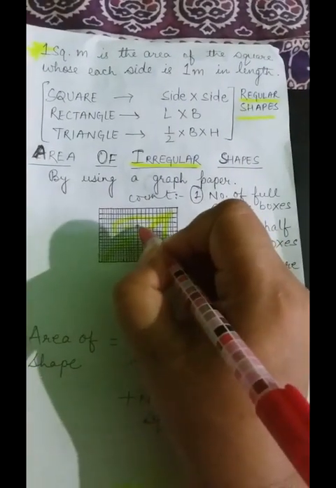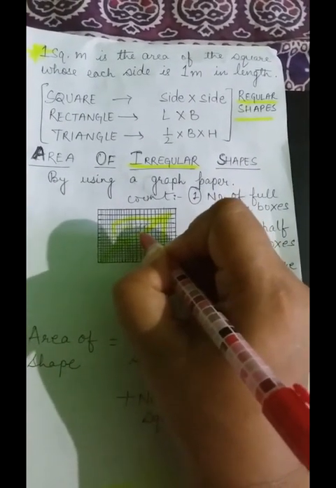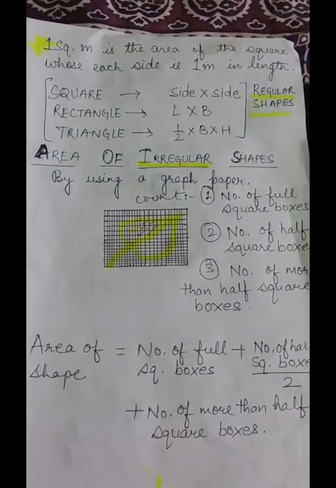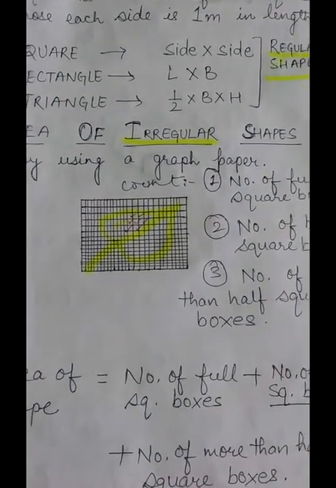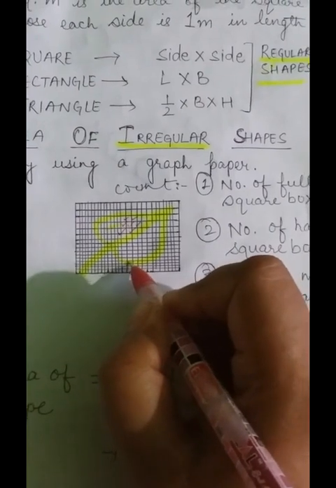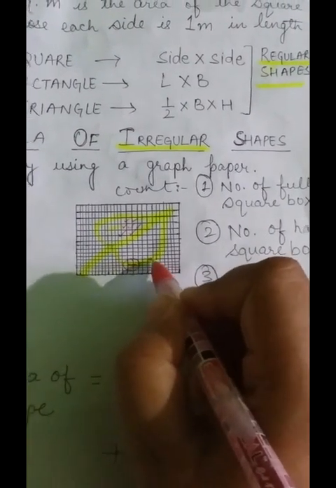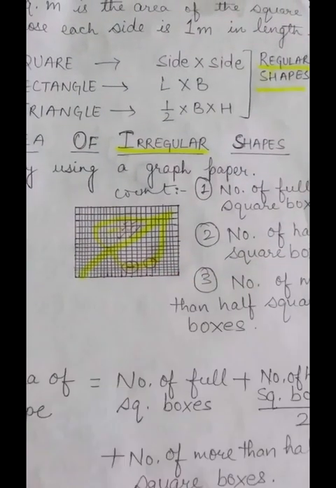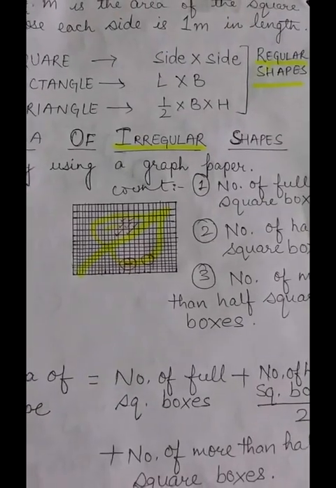So these are your full square boxes. You have to count these full square boxes. And then you have to count the half square boxes. For example, these are your half square boxes if you see. And you have to also count the number of more than half square boxes.